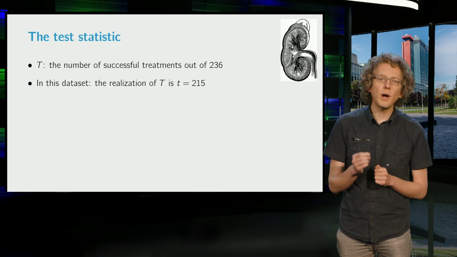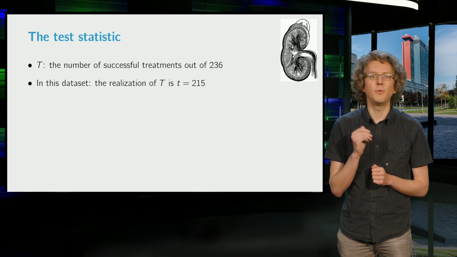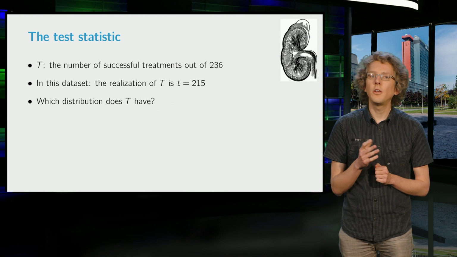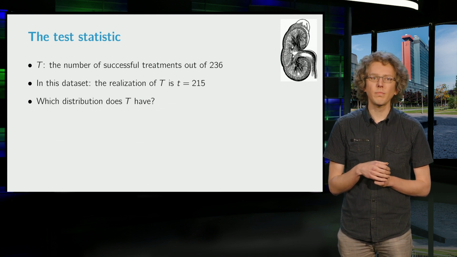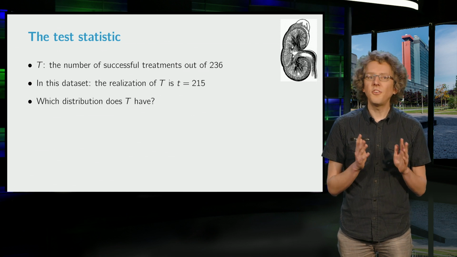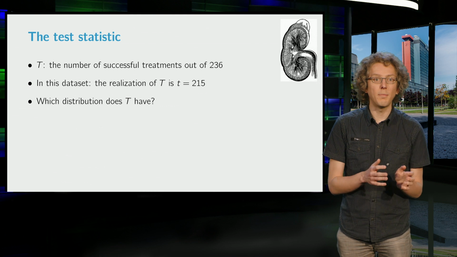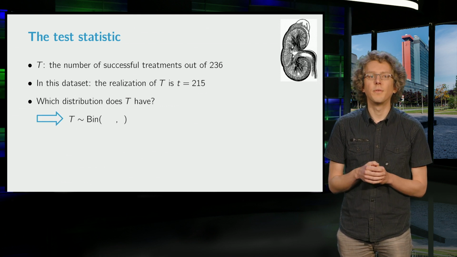Now, we know quite a lot about this random variable capital T. We know its distribution. Do you? You can pause the video if you want to think about this. Well, since T counts the number of successes in a fixed number of identical independent experiments, T has a binomial distribution.